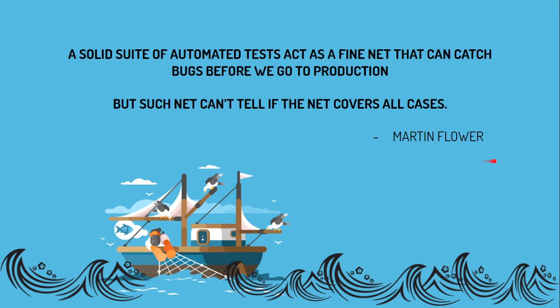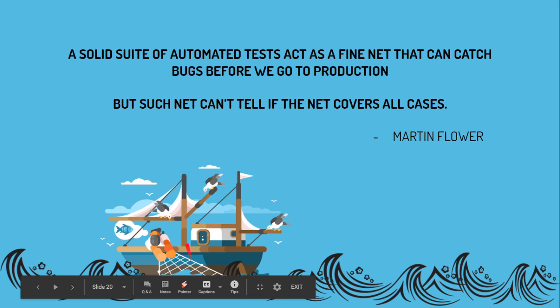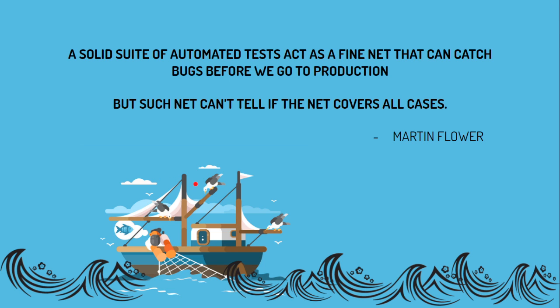Just to quote Martin Fowler, he says that a solid suite of automated tests acts as a fine net that can catch bugs before we go to production. But such a net can't tell if the net covers all the cases. So even if your automation tests are really effective, you will not be able to catch all the bugs.